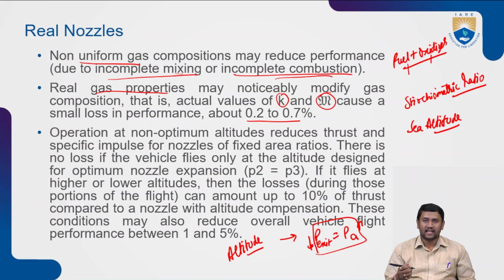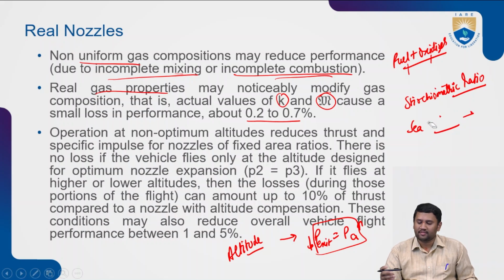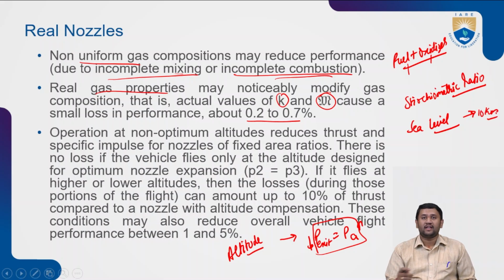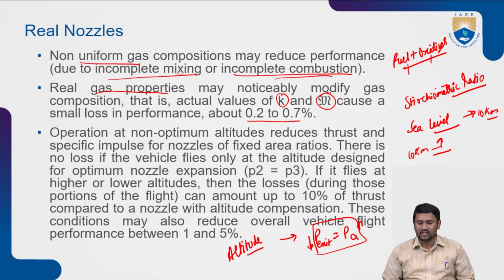You will be designing a rocket engine in such a way that from sea level to a certain range, let's say 10 kilometers, during this pressure region, I will be creating my lower stage engines. As soon as the higher stage engines are staged, I will be designing a rocket engine to work from 10 km and above to optimize the overall performance of my rocket. Now, if I am considering only a single stage engine, what happens then?